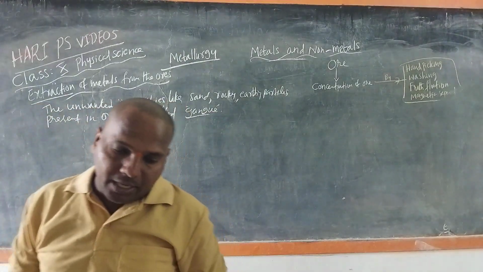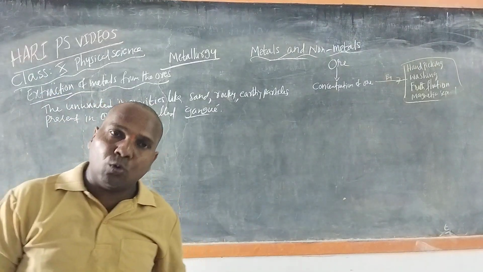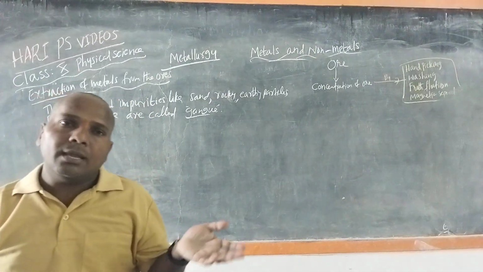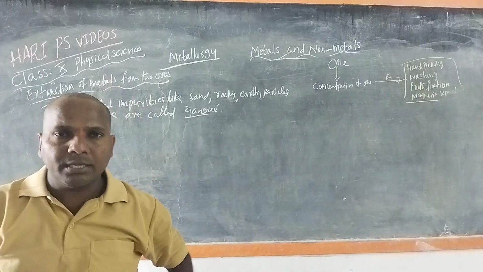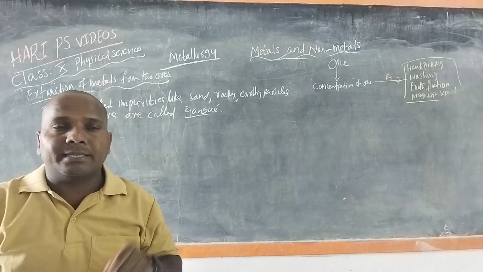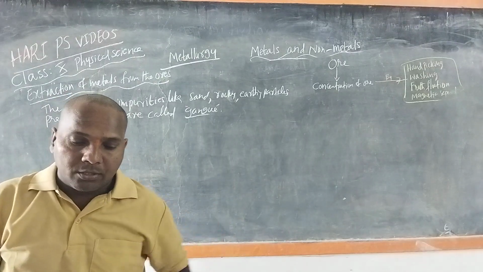Whatever impurities are present in the ore, because ore is in a combined state and also contains impurities, the impurities present in the ore are called gangue.